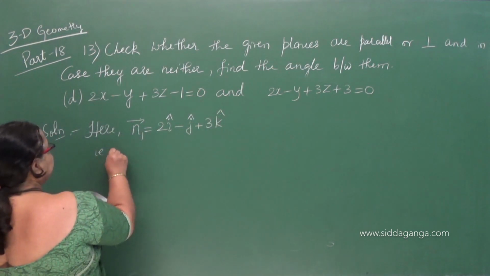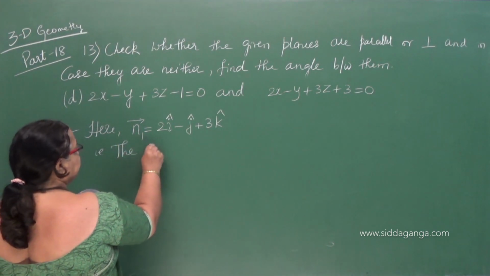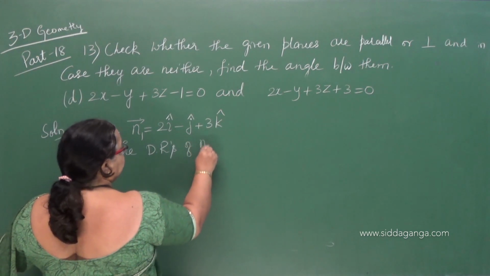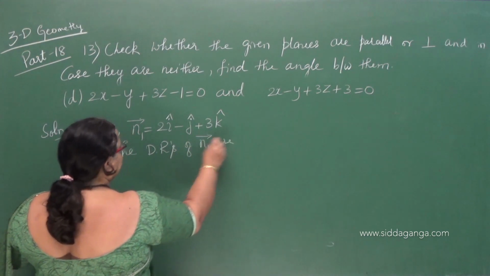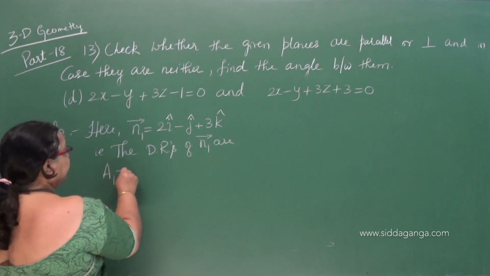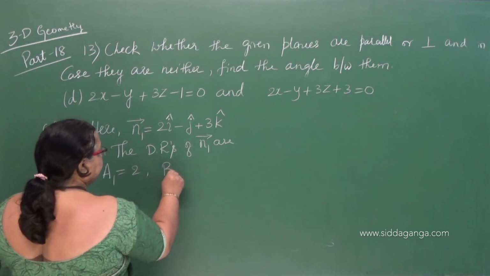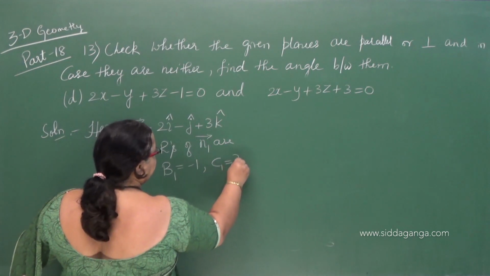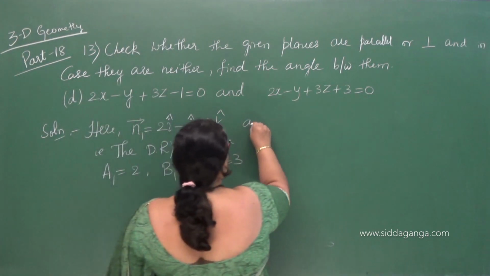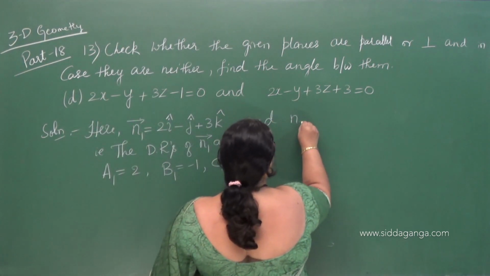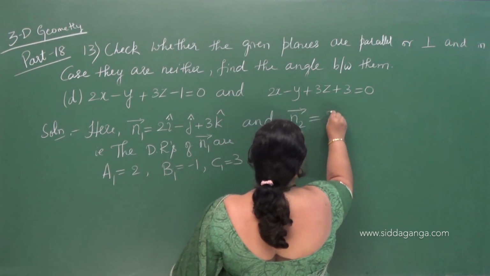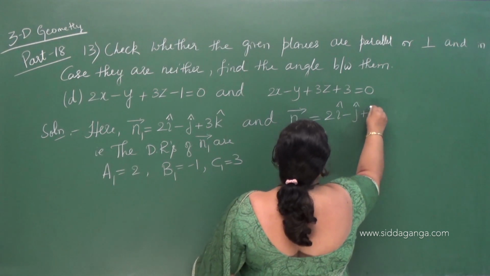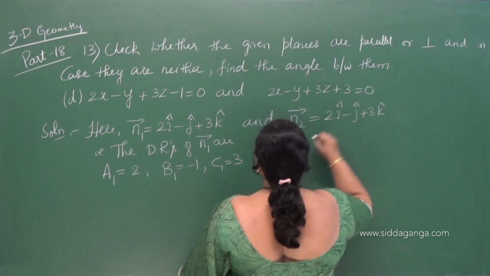That is, the direction ratios of vector n1 are a1 equal to plus 2, b1 equal to minus 1, c1 equal to plus 3, and in the second plane the normal vector is 2 into i cap minus j cap plus 3 into k cap.